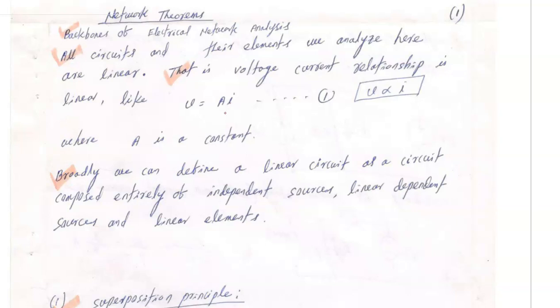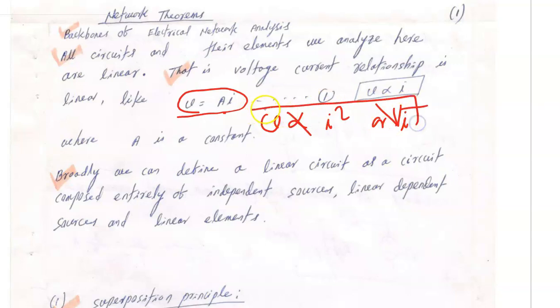That is, V is directly proportional to I, not V proportional to I square or root over I. Remember that all these are not included in the linear network. So we are going to discuss all the theorems, keeping in mind that we are dealing with linear networks.